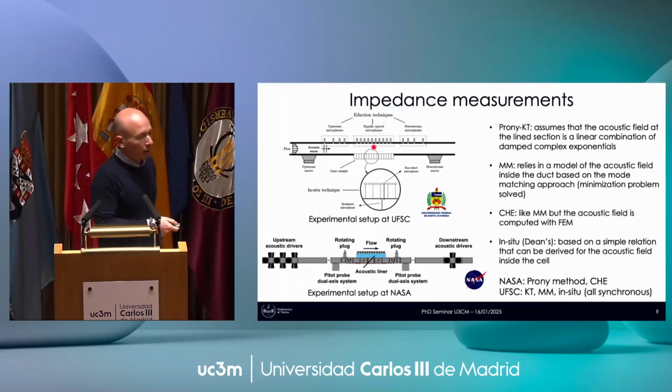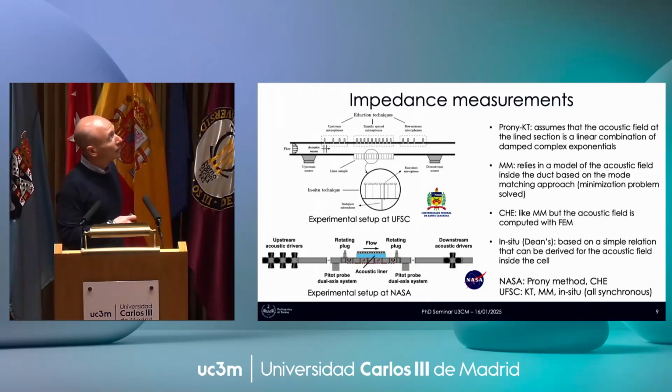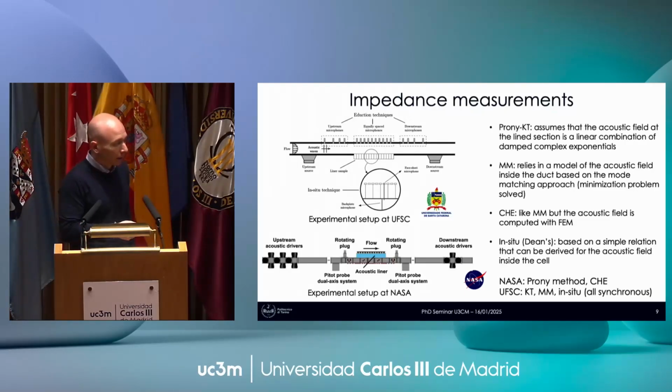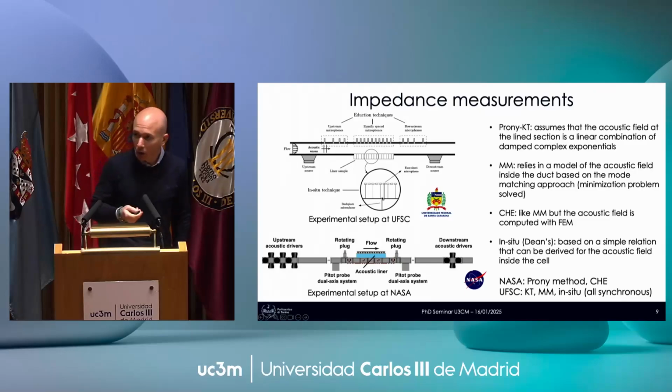Otherwise, I can use the microphones in front of the liner, and then I do a decomposition in axial wave number of the field, and in that case, I see how the axial wave number changes, and I obtain another measurement of the impedance, such that I can compare. At the same time, I can also instrument my cavity and put two pressure probes, one at the back plate and one on the face sheet, and have a local measurement of what's happening at the acoustic source.